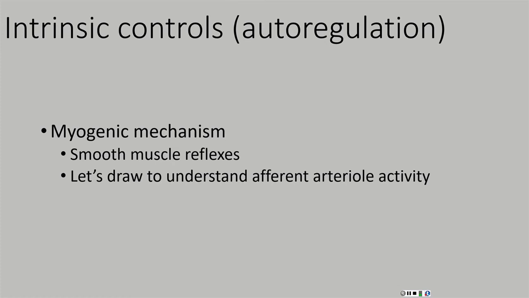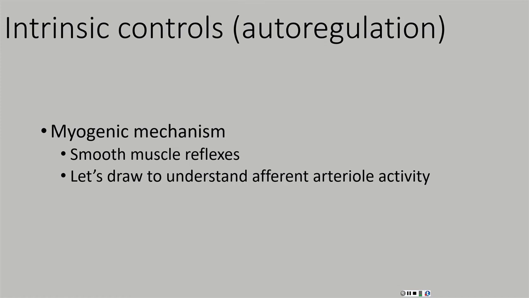Remember, arterioles have a layer of smooth muscle. And let's think back to Bio 137 and something that we also mentioned back in the heart. Smooth muscle has a reflexive tendency to, when it is stretched, what does it do? It contracts. When you stretch muscle, any muscle, it will reflexively contract.